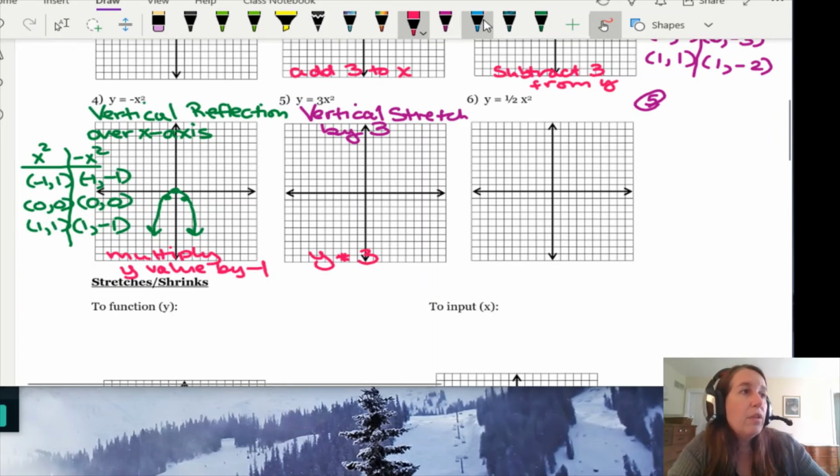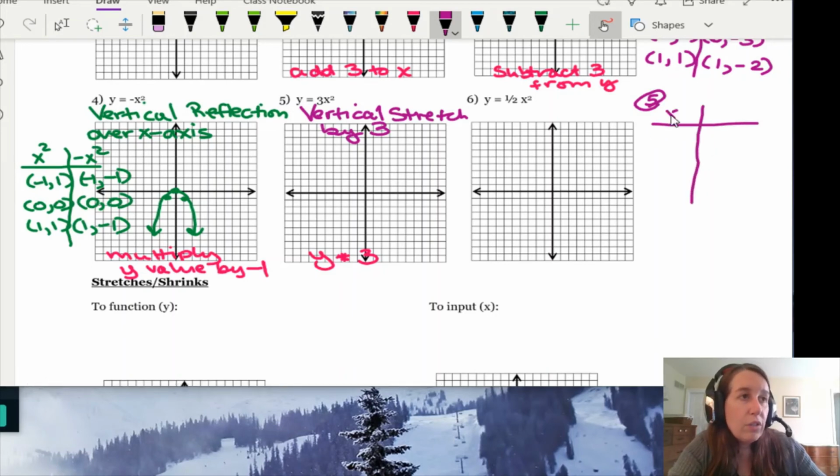So let's make our chart. Our original is just x squared, our new one is 3x squared. So negative 1, 1, 0, 0. You know, if you keep writing these charts you will memorize all these points really easily.